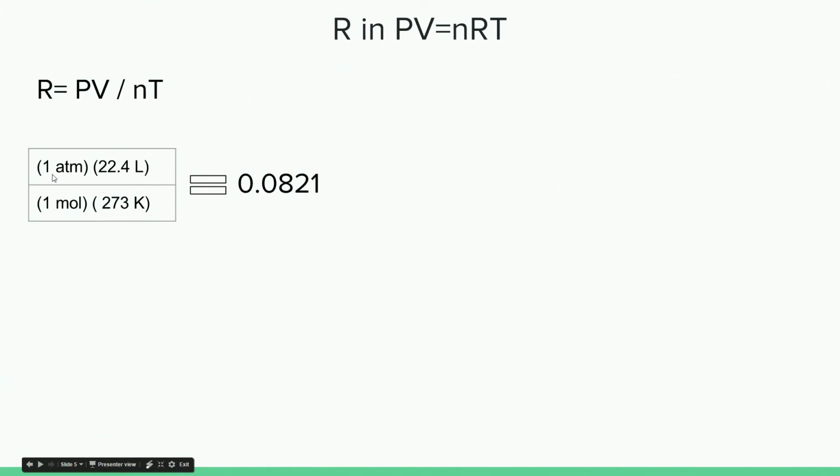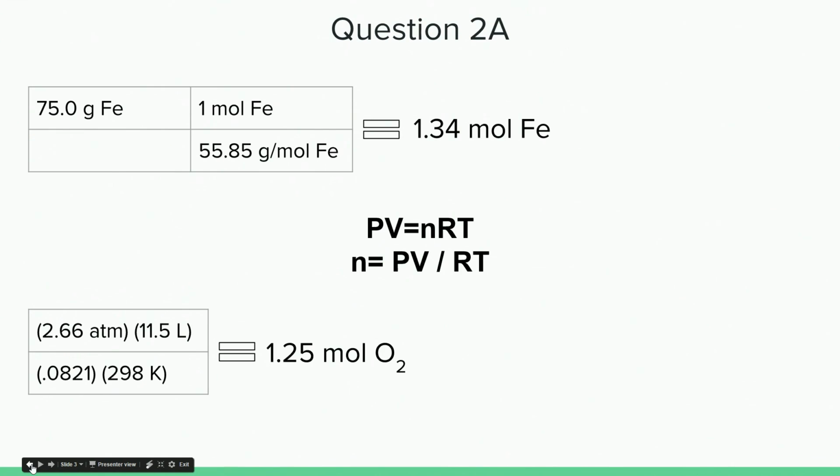So at STP, the standard pressure is 1 atm, the standard volume is 22.4 liters for a gas, the amount is 1 mole at STP, and the temperature is 273 Kelvin, and we end up getting 0.0821, which is the number we used in this equation.